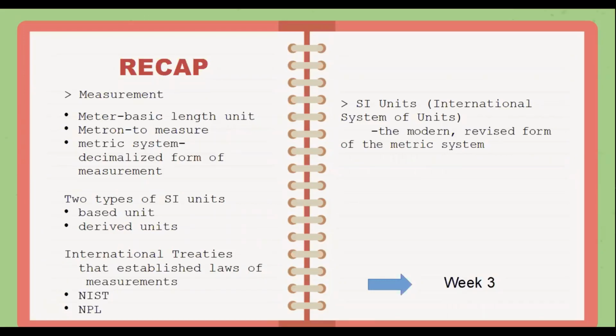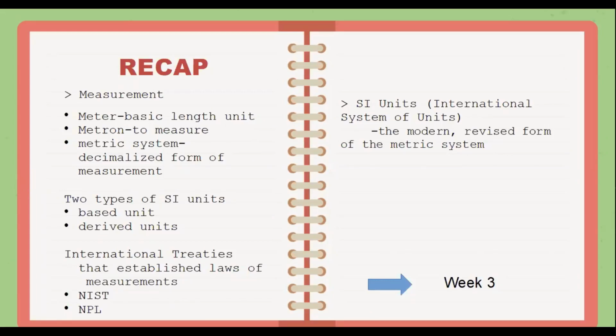The two types of SI units include the base units and the derived units. I also emphasized that base units have a unique physical quantity. We also have international treaties that establish the laws of measurements. This includes the NIST and the NPL.